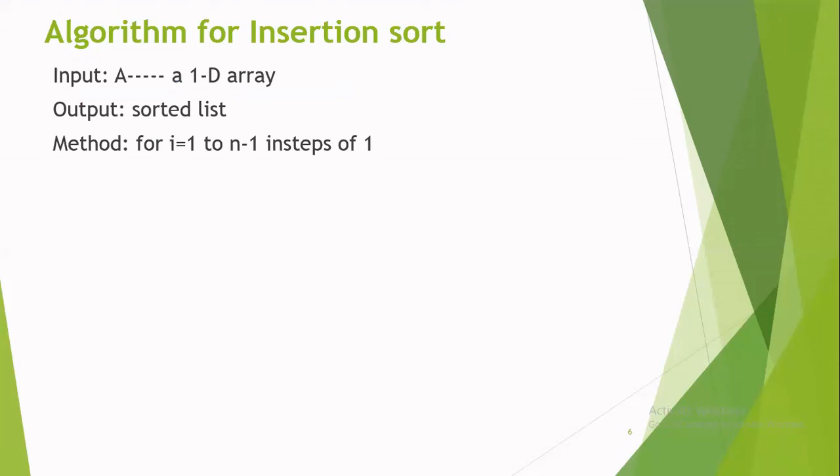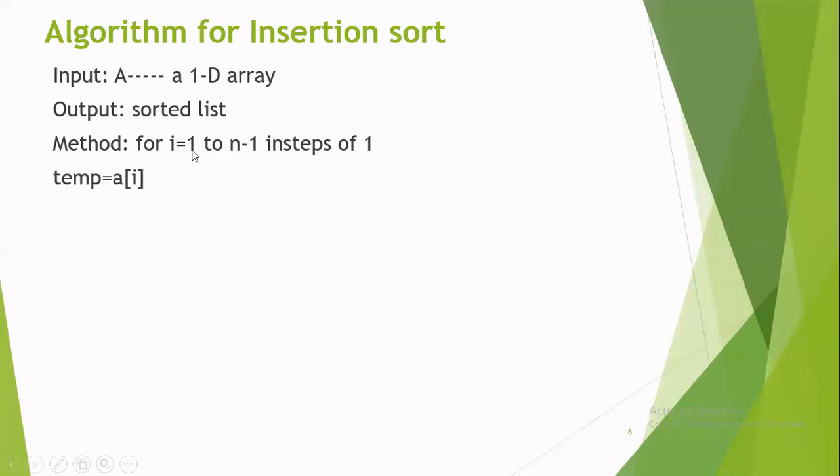So let us look into the methodology. Initially, we have assumed the first element, which is stored at the 0th location, as a part of the sorted list. And you have to choose the first element from the unsorted list, which is stored at index 1. From that location, you are going to pick every element up to n-1 and find the appropriate position for that element in the sorted list.